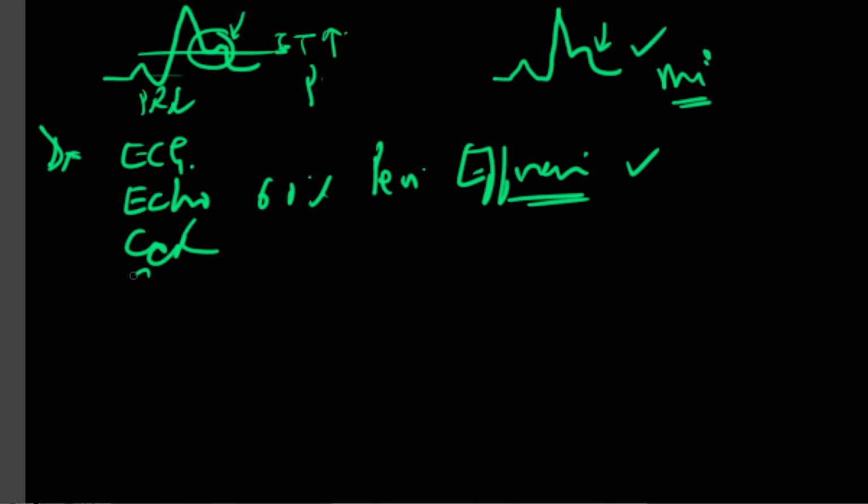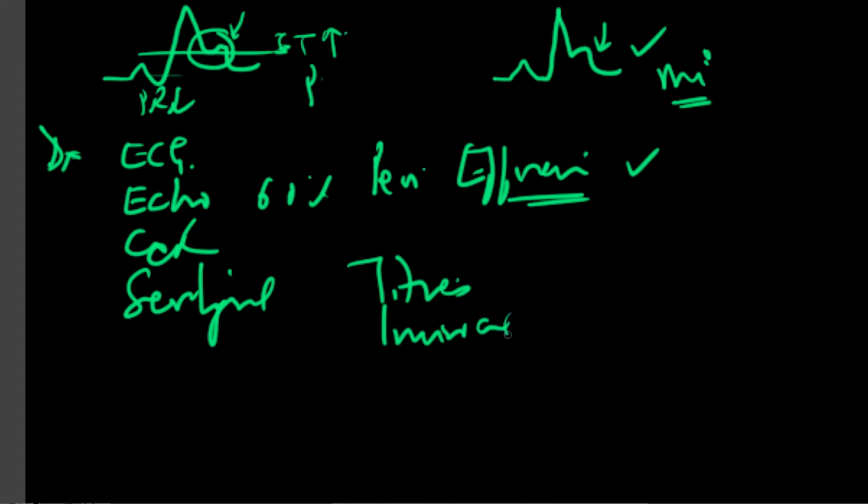Then you can do other serological studies. Serological studies implying you could do titers, like I said, and you could do immunoassays, or you could do HIV testing and mycobacterial TB testings, etc. If there's an effusion, you can tap it and send for bacterial as well as viral cultures.